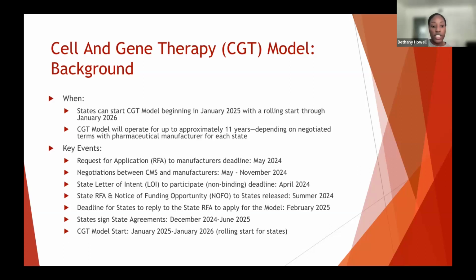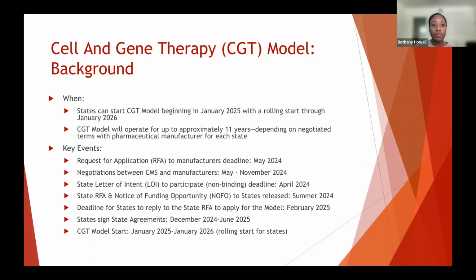The deadline for states to reply to the state RFA to apply for the model is February of 2025, so February next year. States will begin signing their agreements in December of this year through June 2025. And again, the model starts January 2025, and it's a rolling start, so through January of 2026.